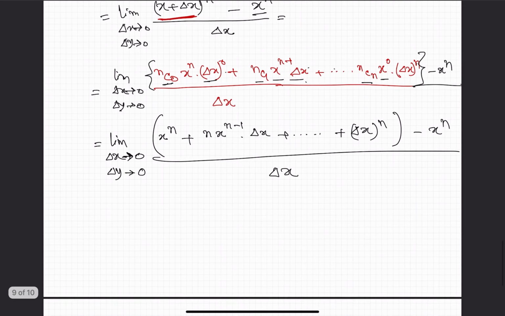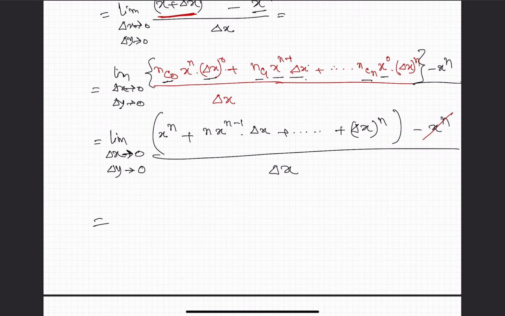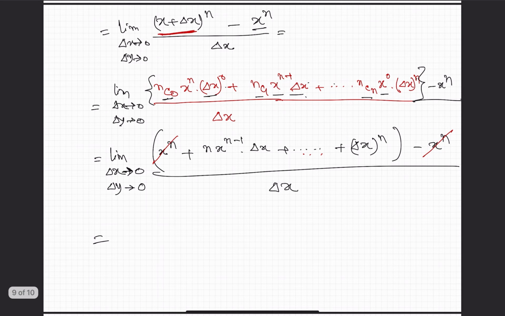So we can see that these two cancel each other, and all the terms here, if we put del x as 0, because del x is tending to 0, if we see the concept of limit, we can put del x is equal to 0.